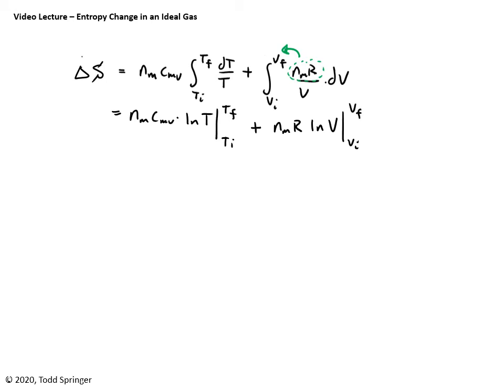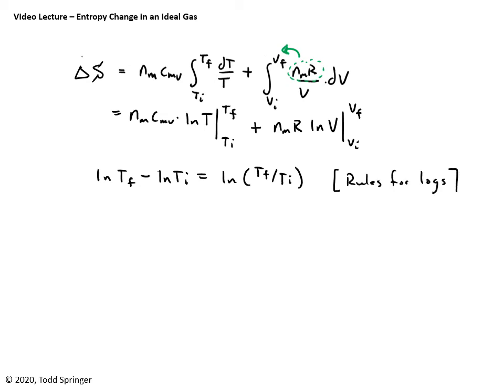And hopefully the natural log of T_f minus the natural log of T_i is the natural log of T_f over T_i, using the rules for logs. Hopefully that doesn't come as a surprise.